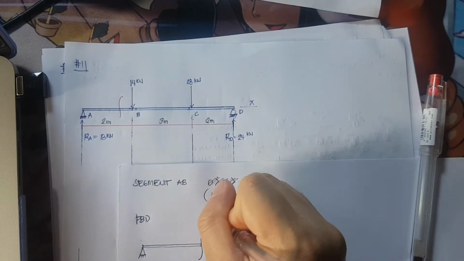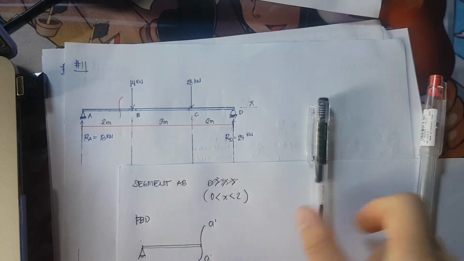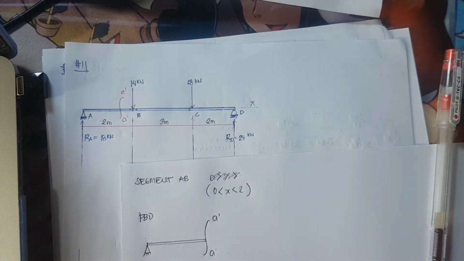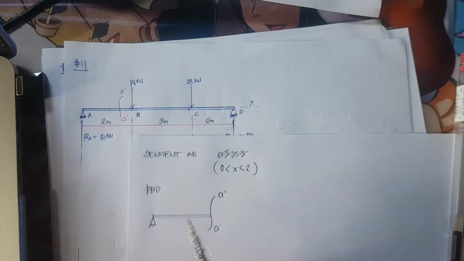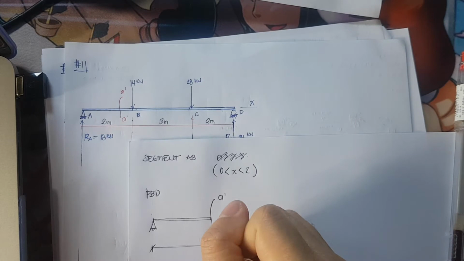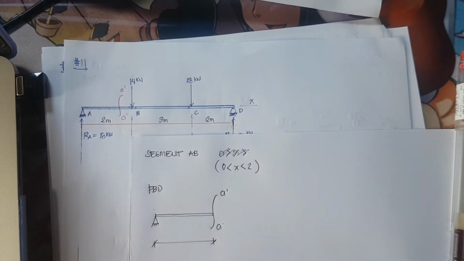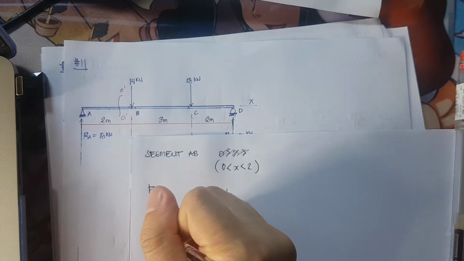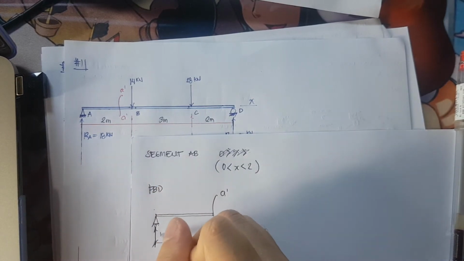Let's say this is plane A prime, and this is our distance x. And we know if we cut our section, we will have a shear force. My reaction is upwards.